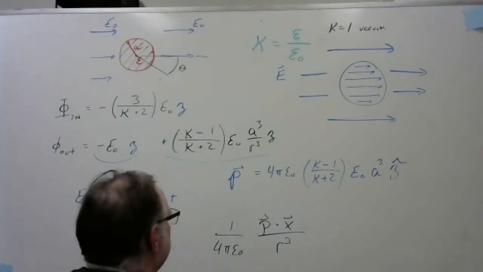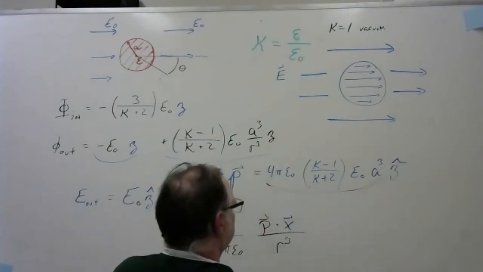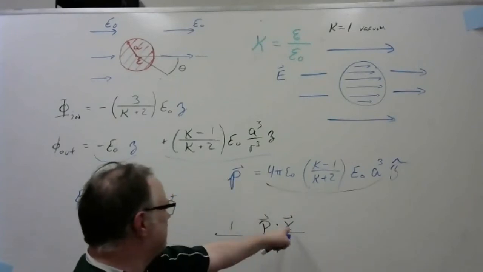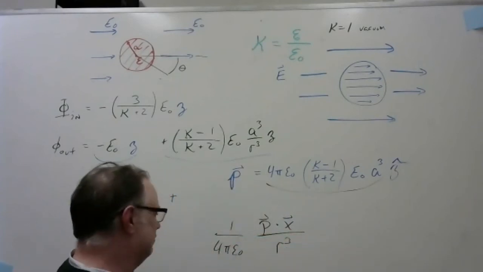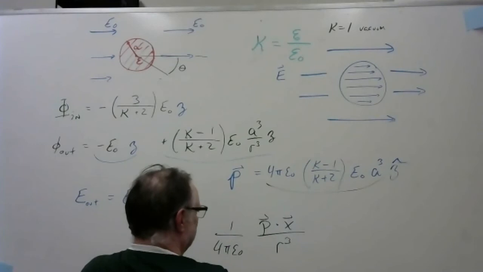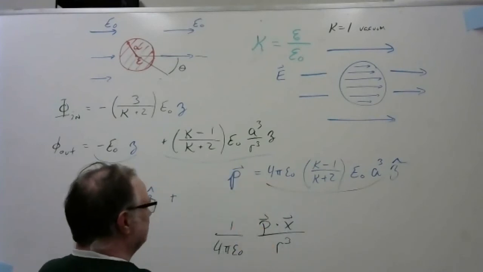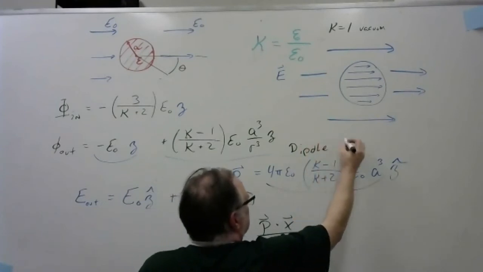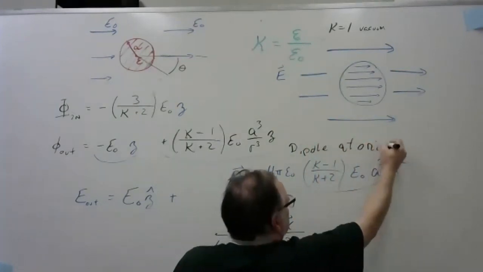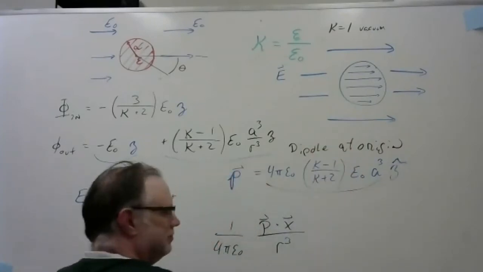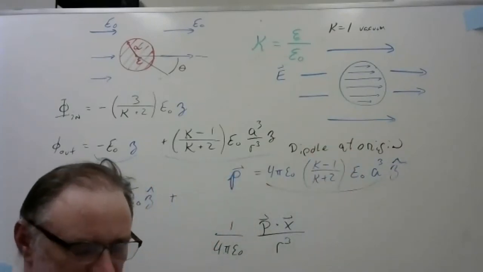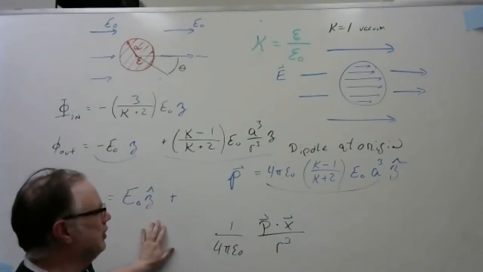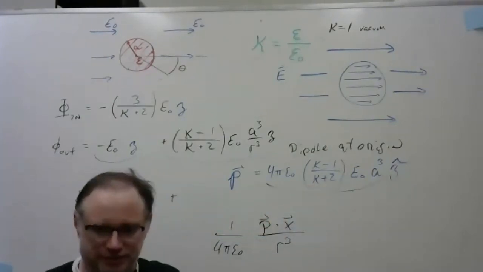So if my P is this, and I have that in the z direction, then this becomes z. So that's where I get that from. So this is just like a dipole at the origin. That's what the outside looks like: the original electric field plus a dipole at the origin.